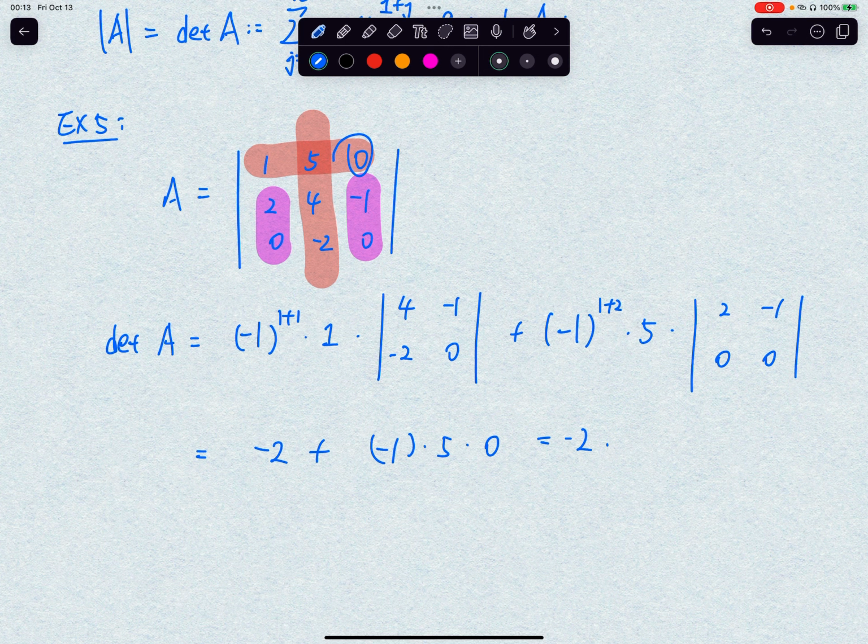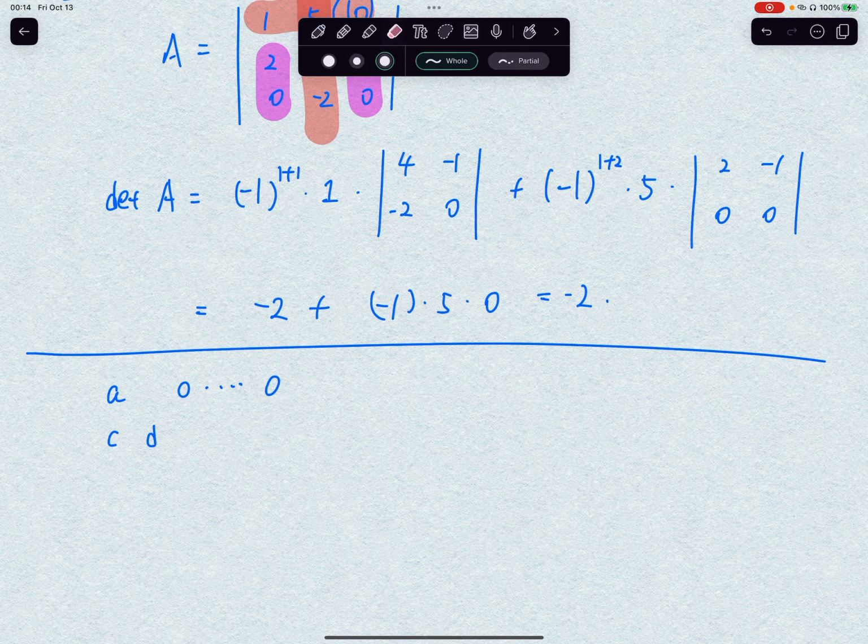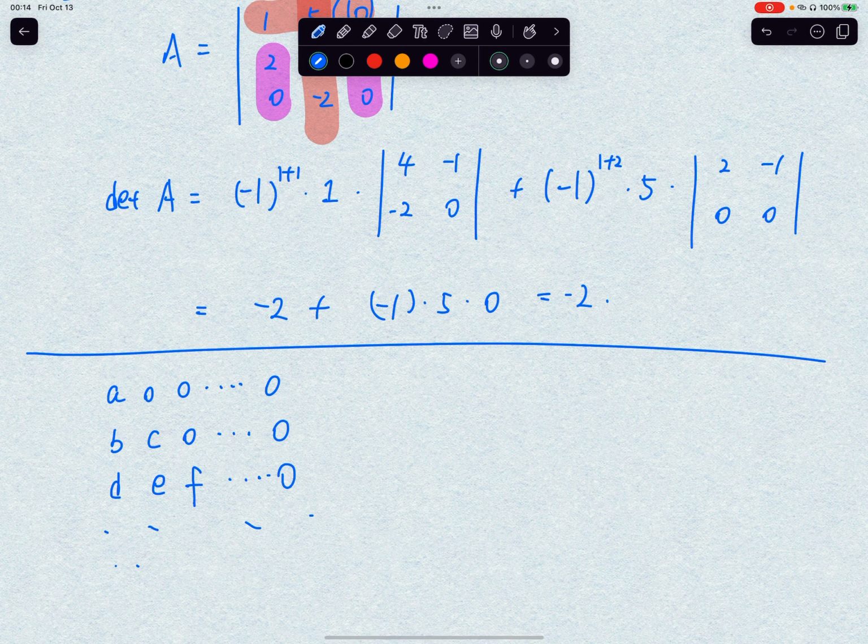And now we shall introduce the matrix which is called the triangular matrix. So for example, A, B, 0, 0, C, D, sorry, that's 0. Sorry, A, B, C, 0, 0, D, E, F, 0, and all the way down.